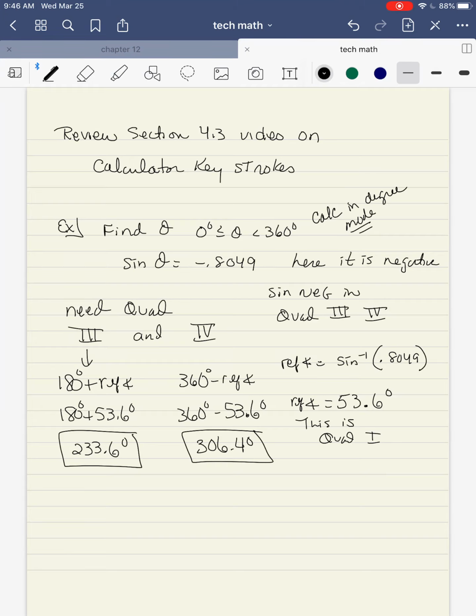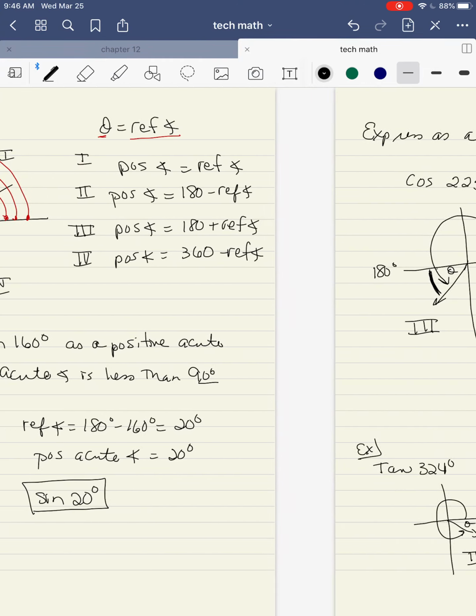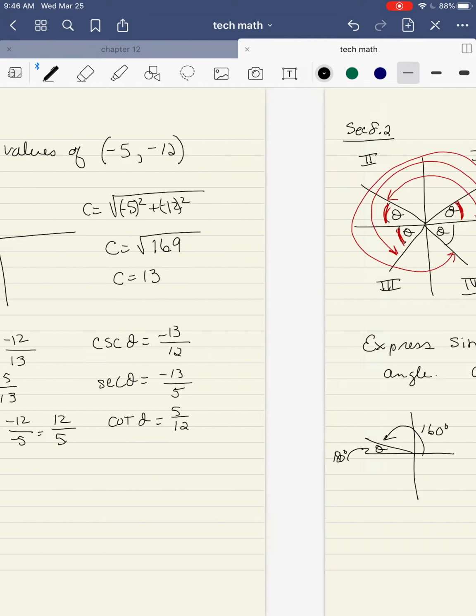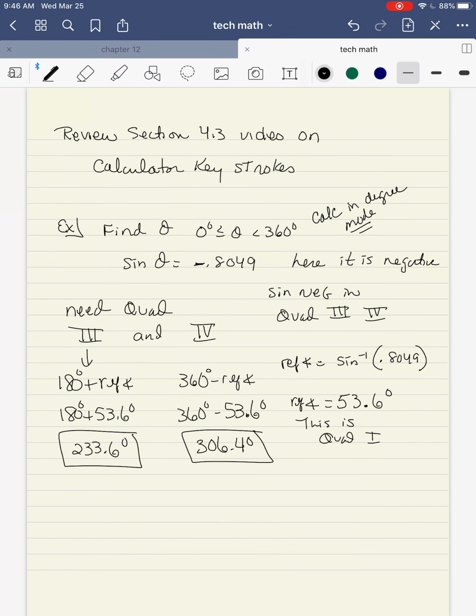Because this is negative, I have to see in which quadrants sine is negative. Sine is negative in quadrants 3 and 4. So I need a quadrant 3 and a quadrant 4 angle to satisfy this condition. First thing I need to do is find the reference angle.